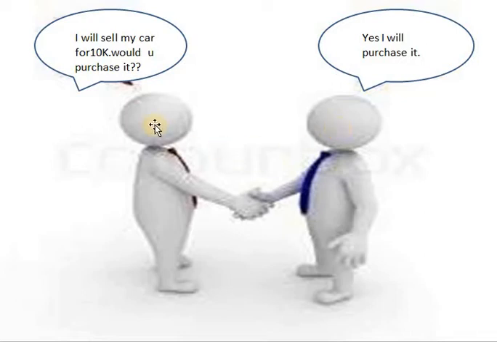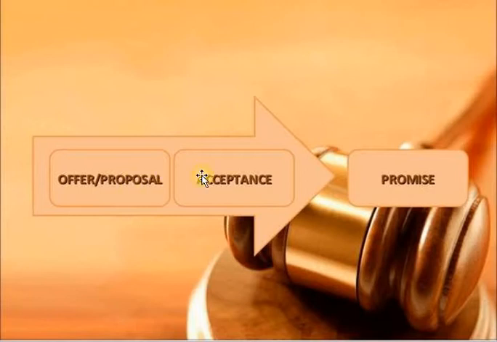So simply, he is offering and he is accepting. That is, we are saying offer and acceptance. You must understand that offer is a proposal, acceptance is a promise. Both are making the promise, and that is termed an agreement. This agreement, when enforced by law, you can say is a contract.